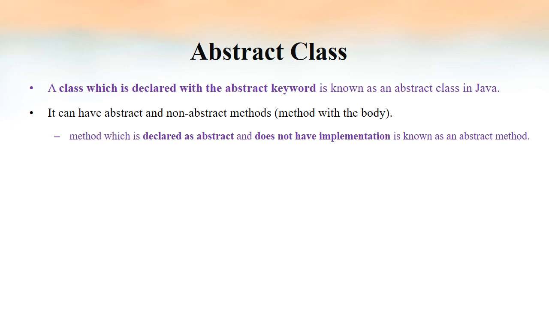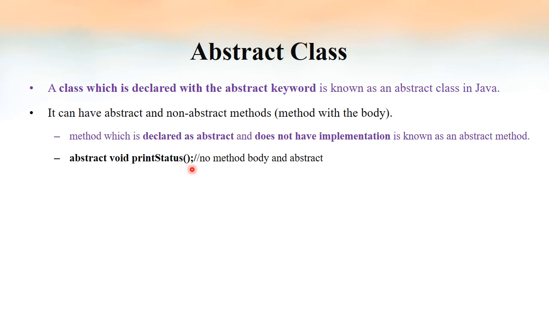We will see an example now. See this: abstract void printStatus. We have used the keyword abstract just before the return type, then the method name and the pair of parentheses, where we can write the list of parameters. And see, we have used the semicolon. The semicolon is part of this abstract method.